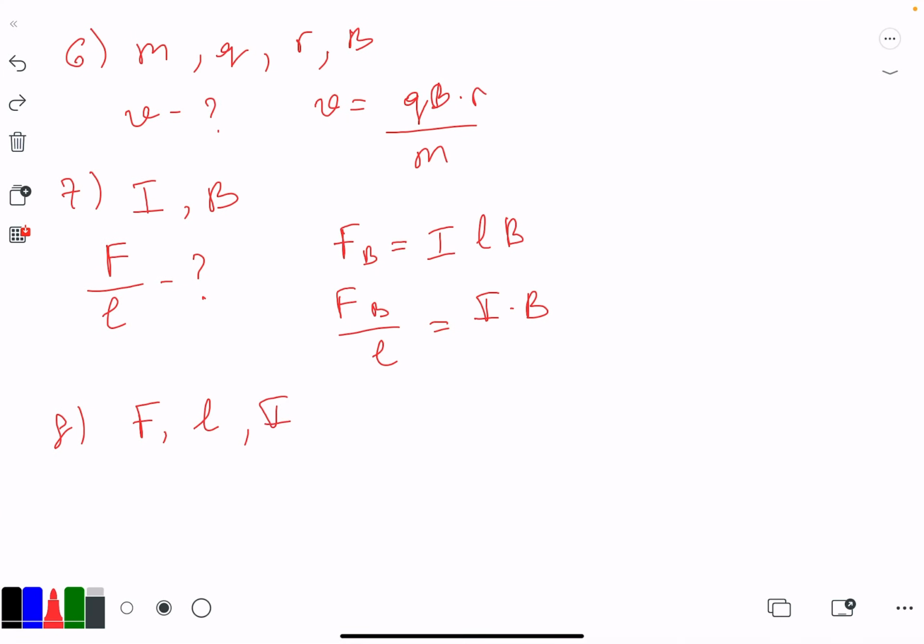Again, you just use the formula used in problem number 7, where F_B is equal to I times L times B, and from here you have to find B, the magnetic field, which is the magnetic force divided by current times length.